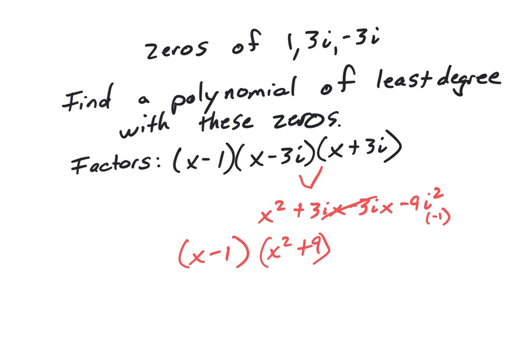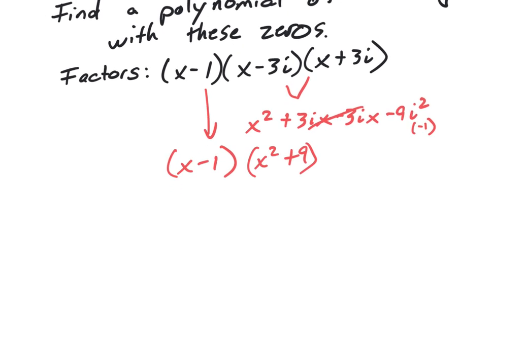I haven't multiplied by x minus 1 yet, so I'm going to bring the x minus 1 down. And now I'm going to multiply the x minus 1 by x squared plus 9. So we just have to FOIL one more time. When I do that, we get x cubed, x times x squared.